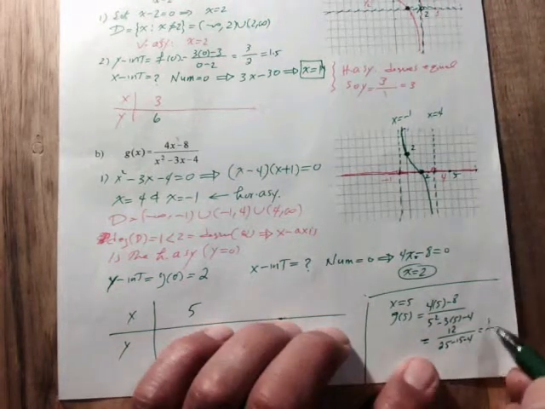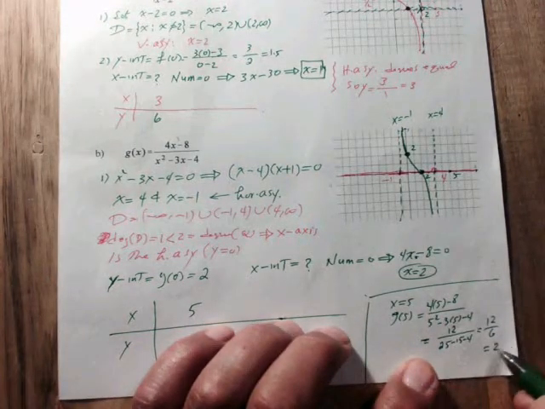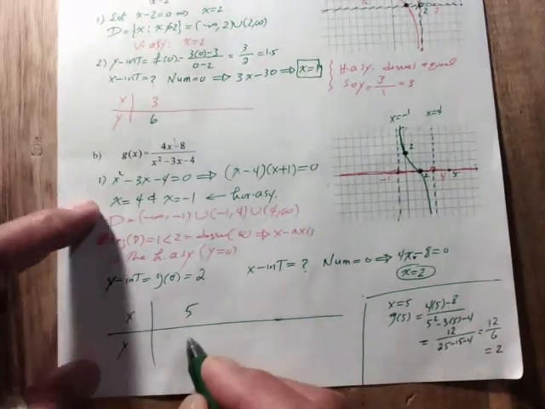So you get 12 over 6, which is 2. Okay, so at 5, y is 2.